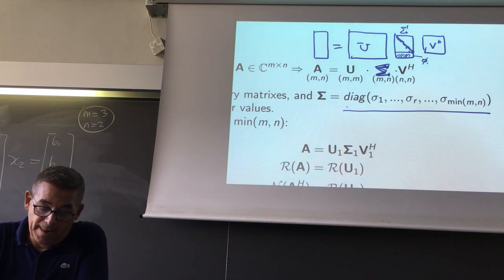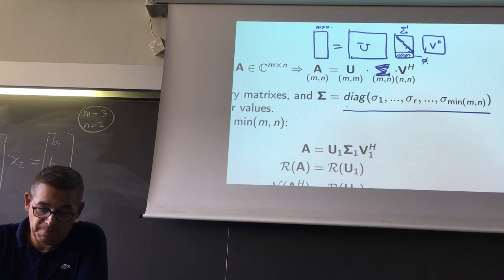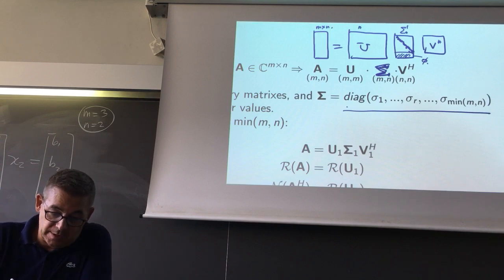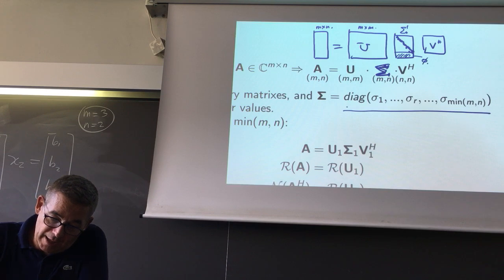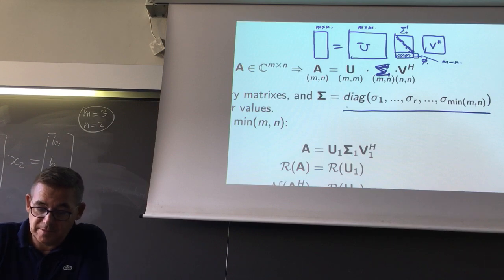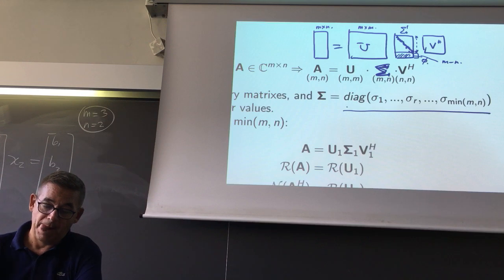If this one is m times n, then the part which is left out is m minus n, and the first part is the minimum between m and n.